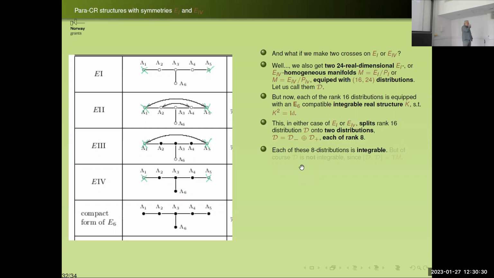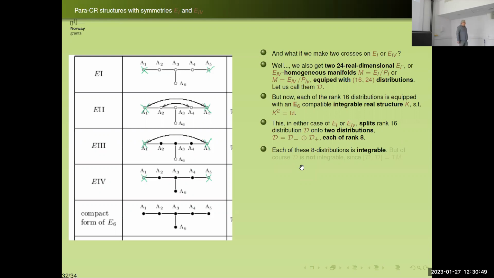So the notion of CR structure comes from a structure that a real submanifold acquires from the ambient complex manifold. And what is the dimension of the real submanifold?